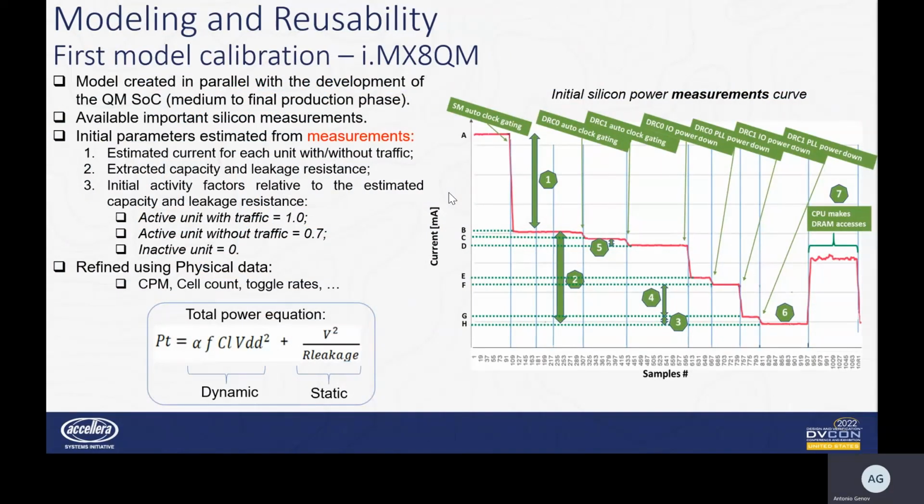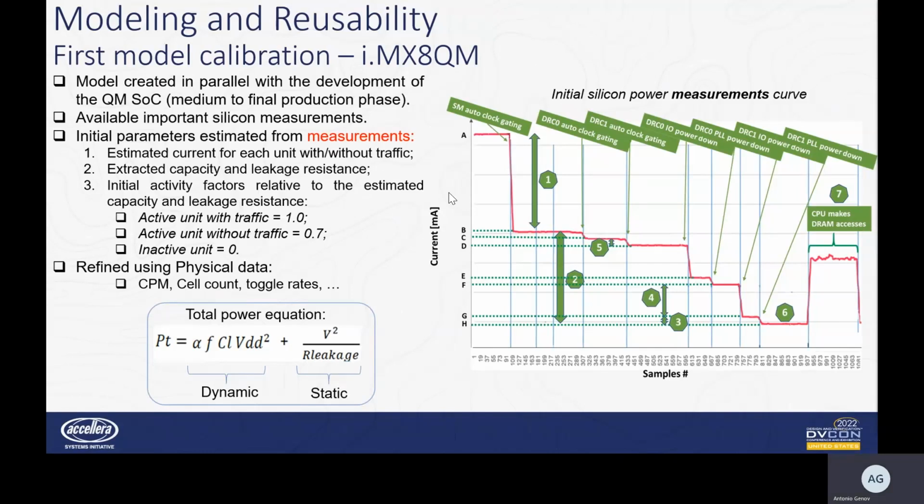Using the measurement curve presented here and the information about the cell count of each unit, we were able to extract the power model parameters and more precisely the leakage resistance and the load capacity values.